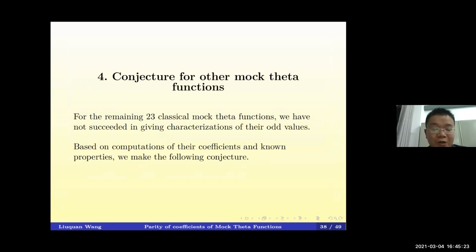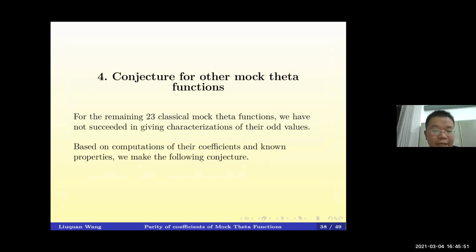Now we go to the last part of this talk. What happens for the other modular functions? As I said, there are 44 classical modular functions, and we have discussed 21 of them and divided them into 3 groups. So what's left are 23 classical modular functions. For them, we cannot succeed in giving characterizations of their odd values.